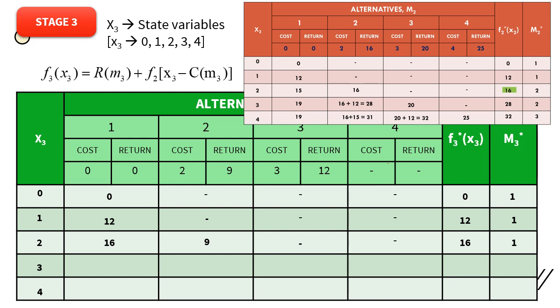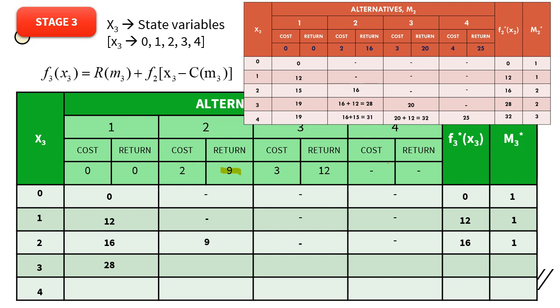Next, 3 crores. So when I have 3 crores, I am spending the entire 3 crore in my previous plant, which gets a return of 28. So that will be 28. So the next is I am spending 2 crore in this plant, which gets a return of 9.